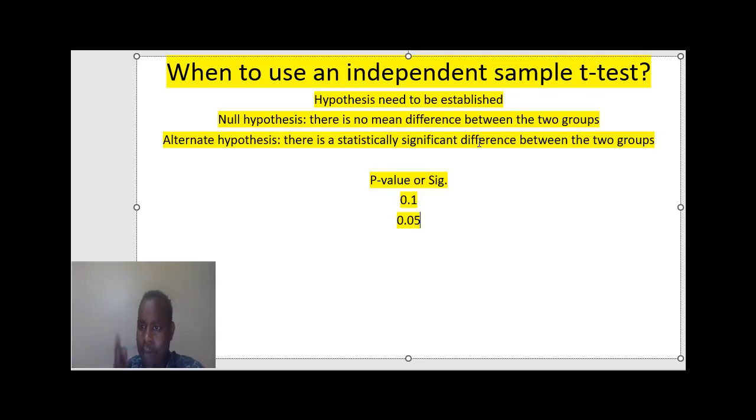Okay, the null hypothesis is accepted when the data that we collected and ran in the statistical software fails to reject the null hypothesis. In a sense, when the p-value or the sig value is greater than the margin of error that we set, like greater than 10% or greater than 5% in case of 5% margin of error.